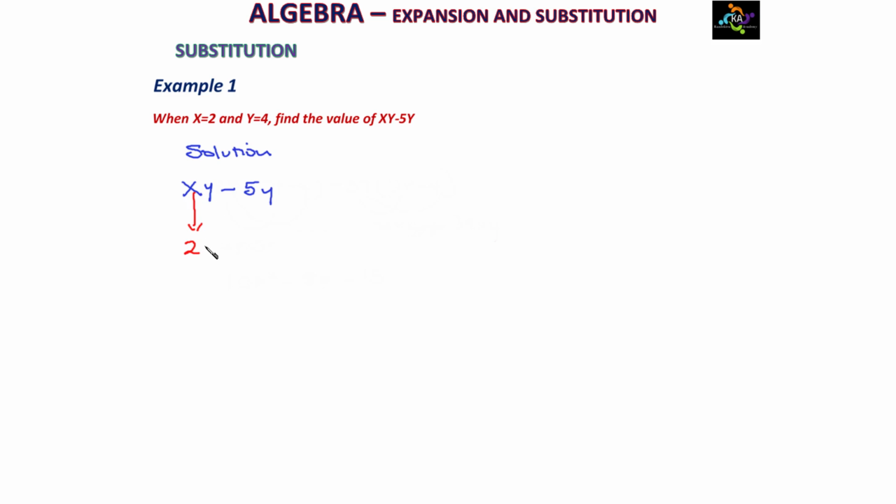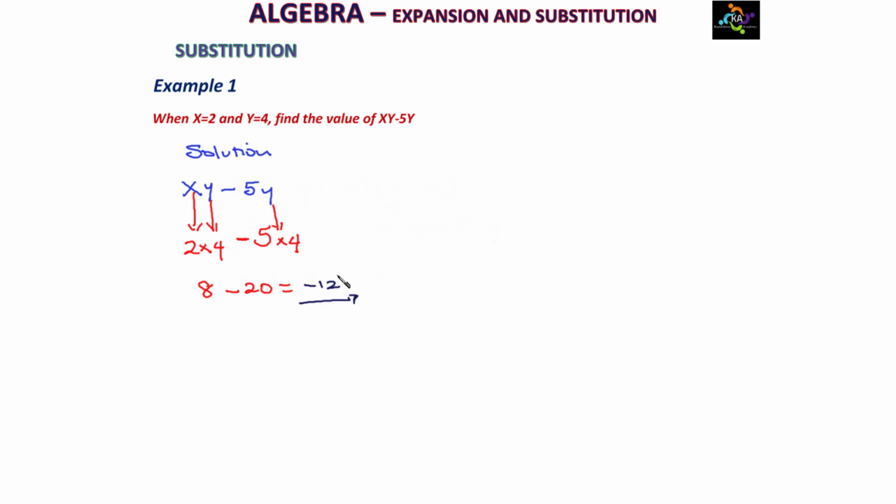Now xy means x times y, and y is 4, minus 5 times y, which is 4. Now 2 times 4 is 8, minus 5 times 4 is 20. So 8 minus 20 will give us minus 12. This is an example of substitution.